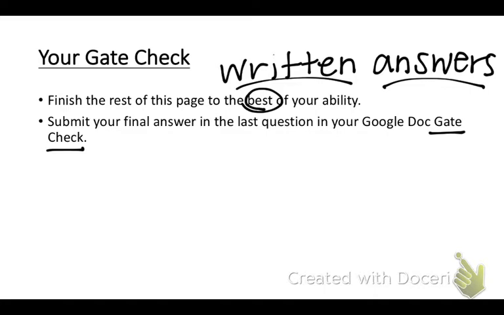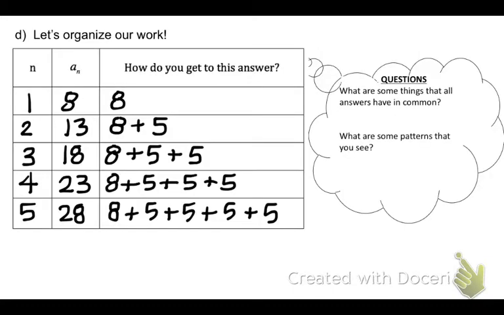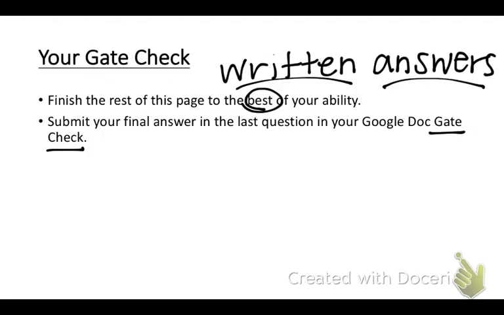Okay? So don't forget to go to the Google Forms and fill out your Gate Check. So you're going to be using this chart that we just generated together. You're going to use these questions to help you think about the process. And then there's a few questions that help you lead up to the answer, and you're going to write your final answer in your Gate Check on Google Forms.